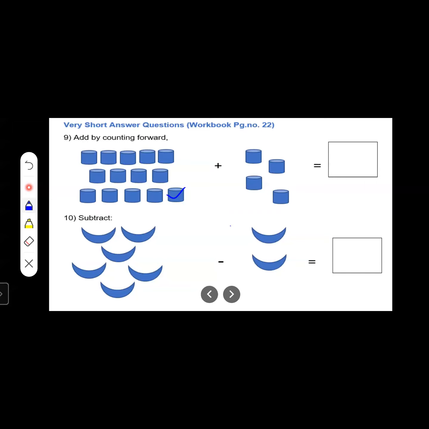Count it loudly. I'll ask your parents you're counting or not. 1, 2, 3, 4, 5, 6, 7, 8, 9, 10, 11, 12, 13, 14. How many cylinders are there? 14 cylinders. So for your understanding, I'm writing it over here. 14 cylinders are there. Then here, how many cylinders are given?